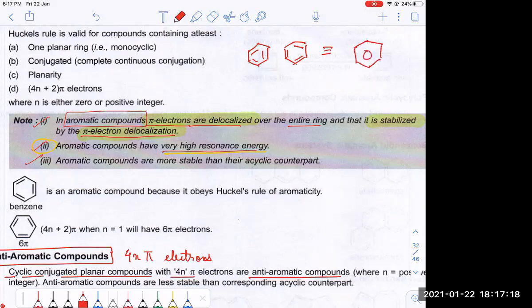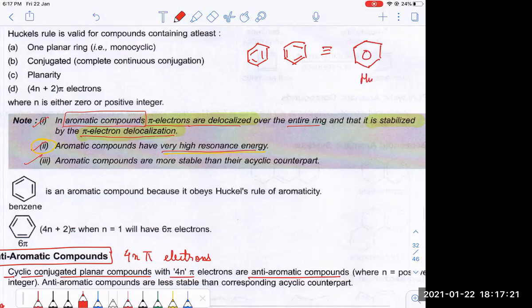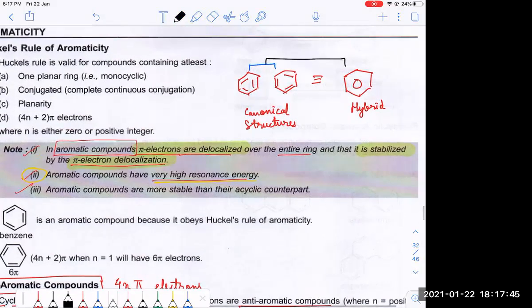This is the hybrid structure, and these are the canonical structures. The energy difference between these structures is huge.